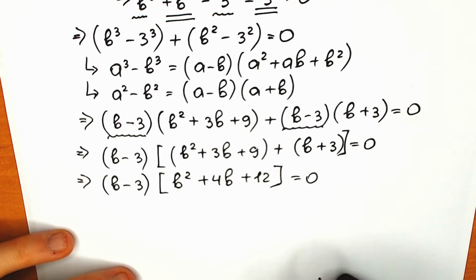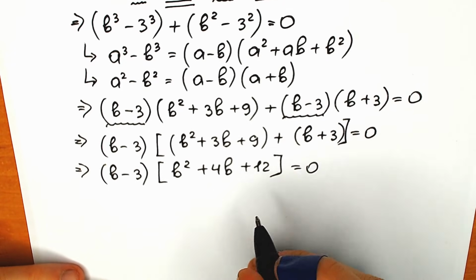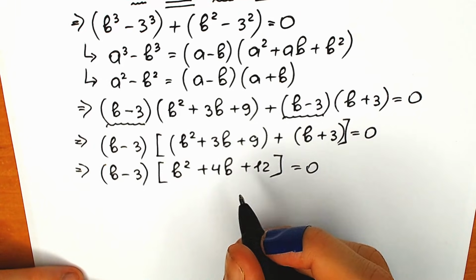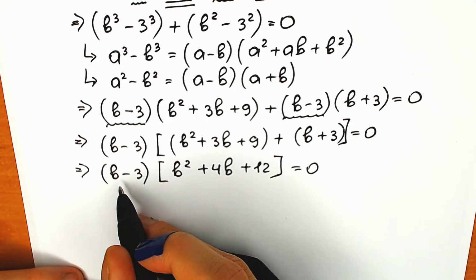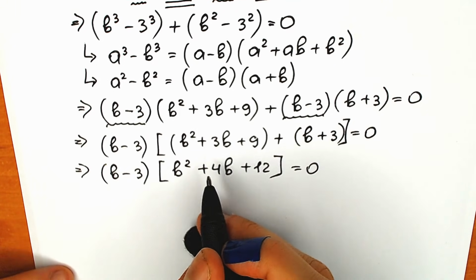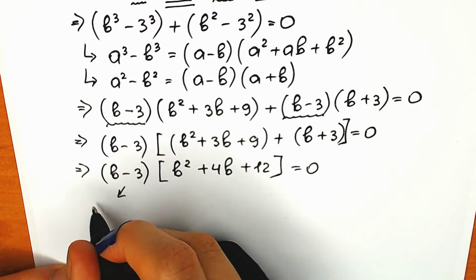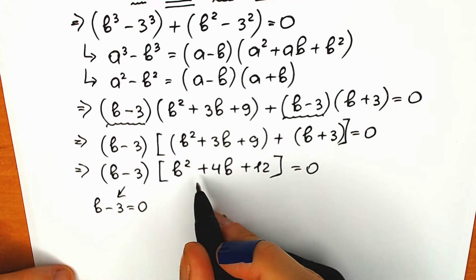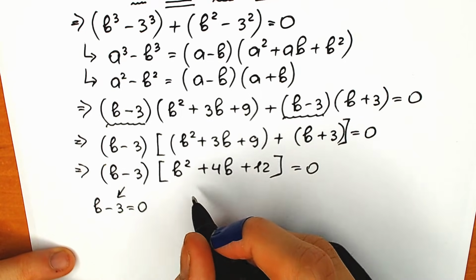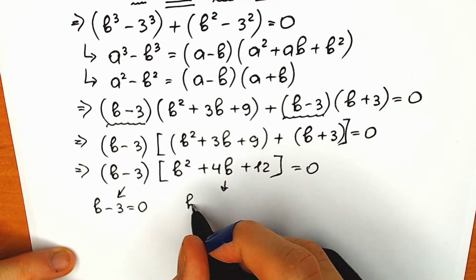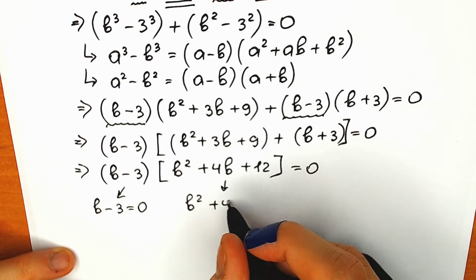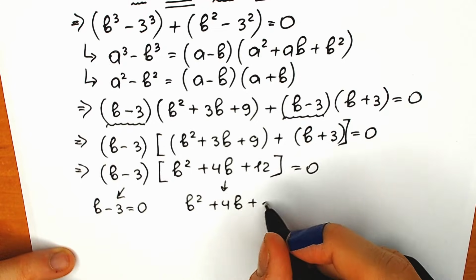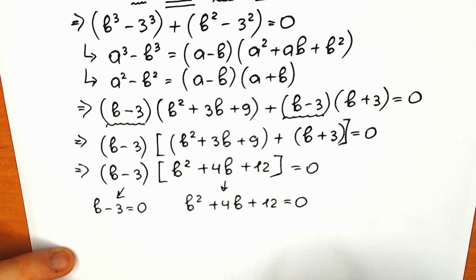Right now, a great moment because we have a product, and a product equals 0 when the first parenthesis equals 0 or the second parenthesis equals 0. So let's start with the first one, b minus 3 equal to 0, or the second branch, b squared plus 4b plus 12 is equal to 0.